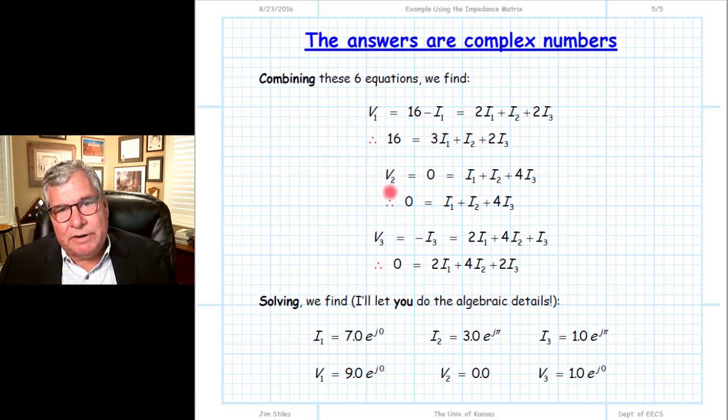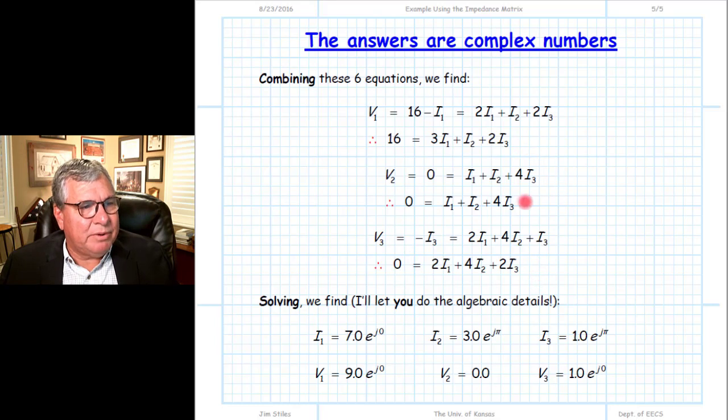Likewise for the voltage V2. From the short circuit, we know it's 0, but we also know V2 is equal to this from our transimpedance parameters, and we can combine them into a second equation. Finally, V3 we know is equal to minus I3 because of Ohm's law, but from the transimpedance parameters, we know V3 is related to the other currents in this form. So we can combine this into a third equation.